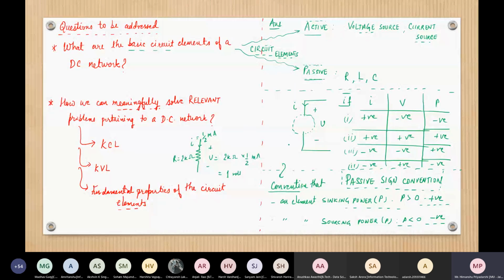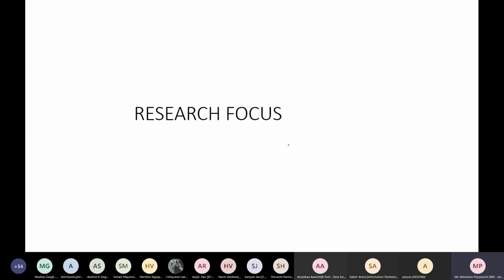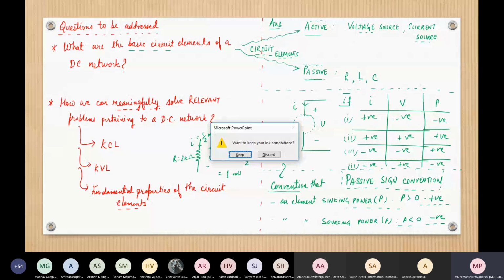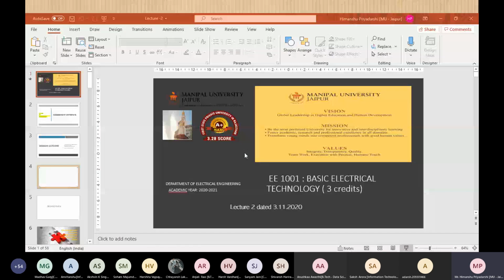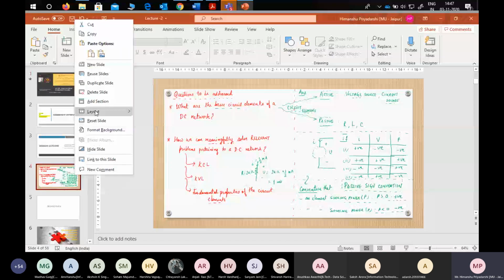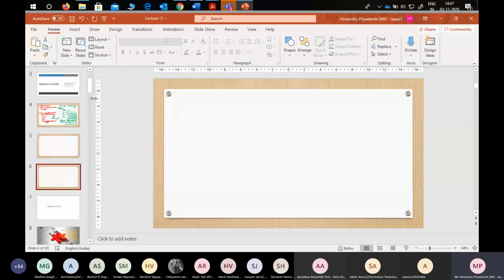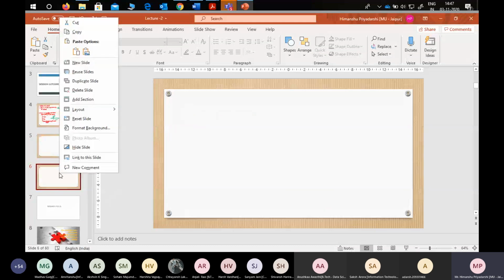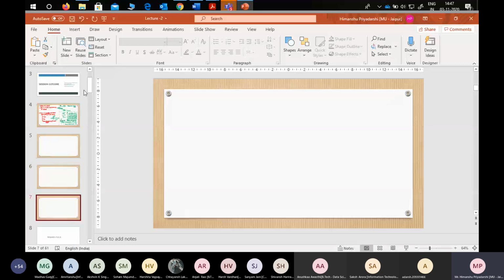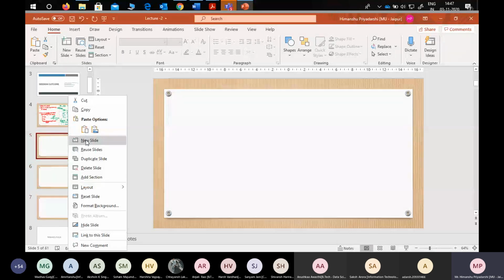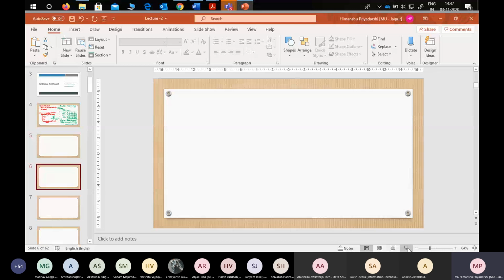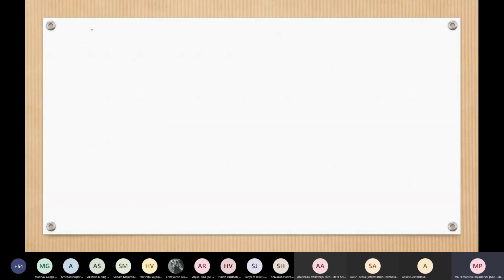Now, what is a voltage source? What is a current source? This I will come to later. Let me add some pages. What is a voltage source, right?